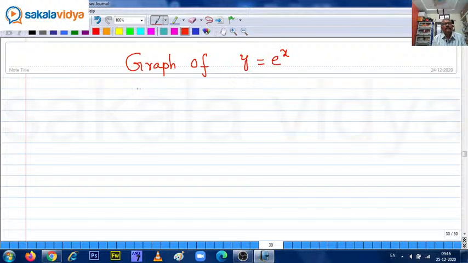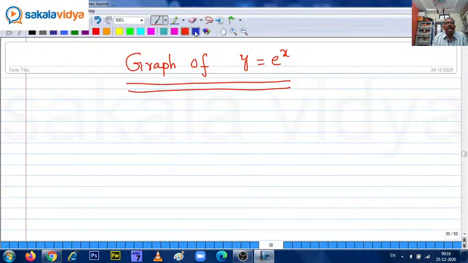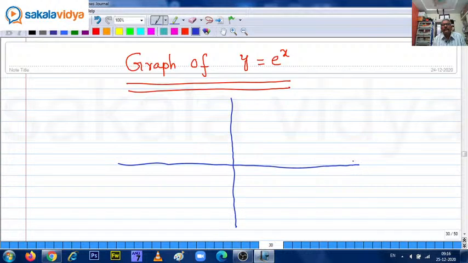Sometimes we may be asked to draw the graph of y is equal to e power x also. This is the x-axis, x dash, y and y dash.